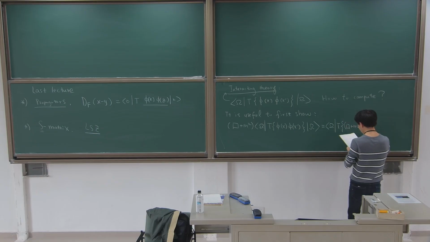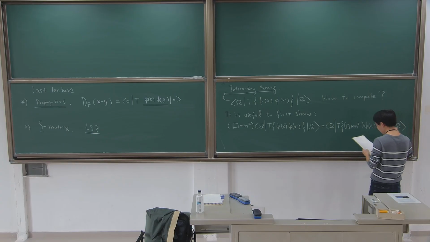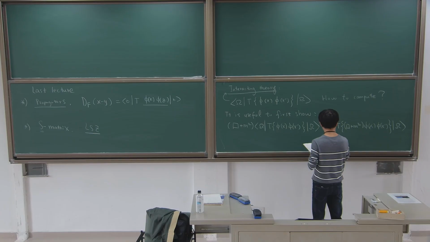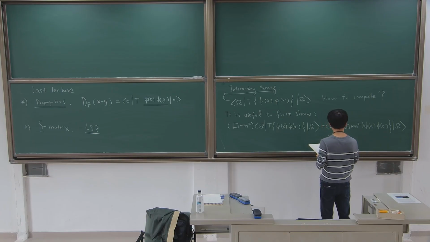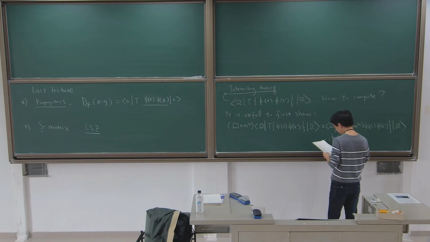Let me first write down this relation: minus h bar times the four-dimensional delta function. This one.